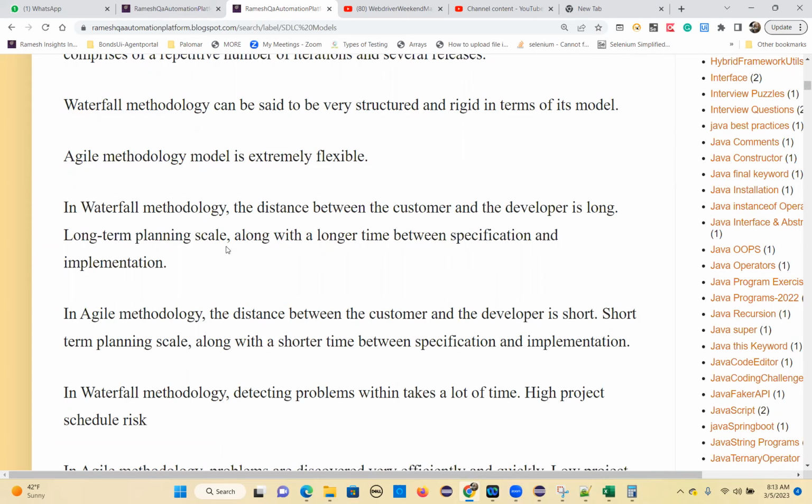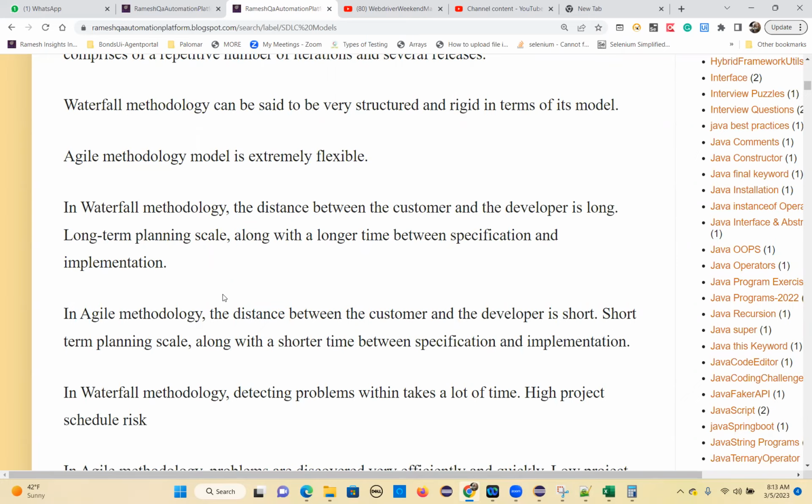In Agile methodology, there is daily communication, and close communication between the business people and developers, basically the Agile Scrum team.